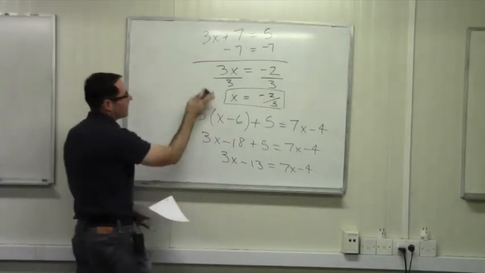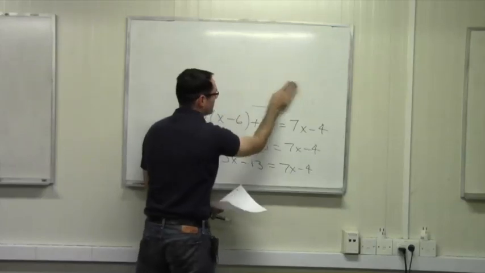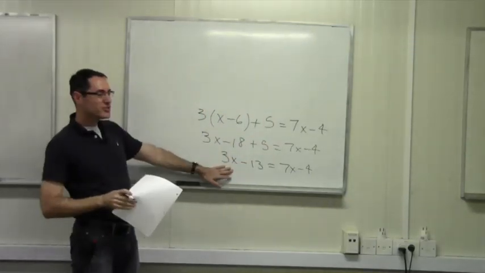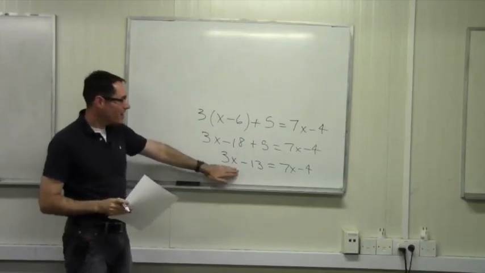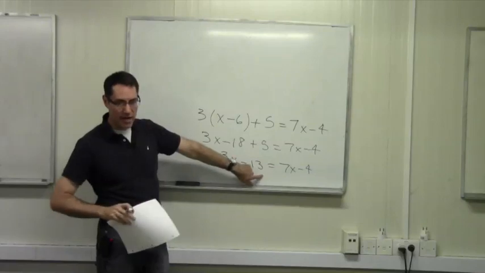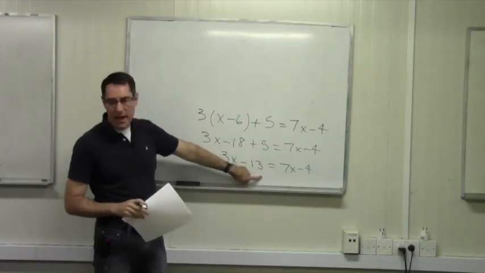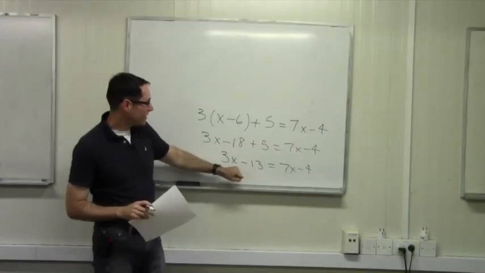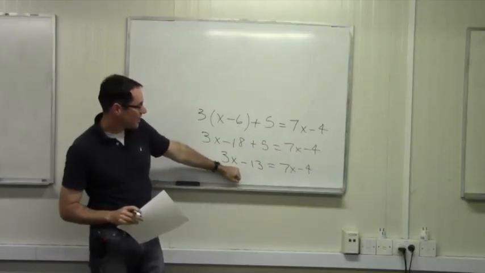Then I'm going to go back up to the top of the board here. The next thing I would do is say, OK, let's start getting either the variables on one side or the constants on one side and pick a side. It doesn't really matter which one. You may have to divide by -1 if you do it wrong. But let's just say we're going to get the variables on this side.